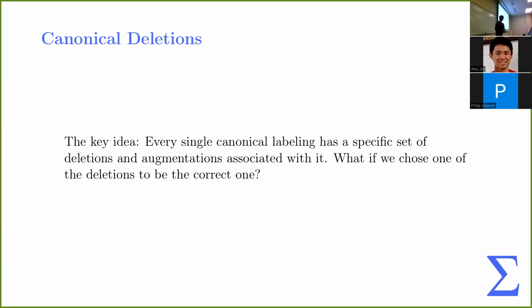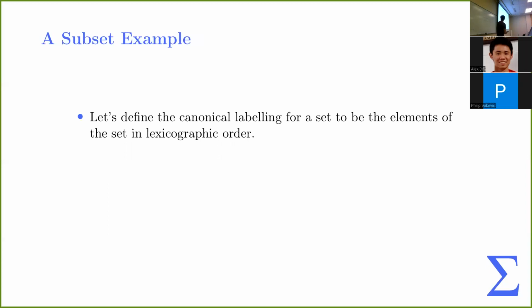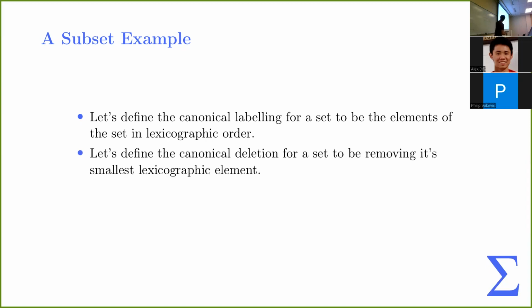So let's define a canonical labeling for sets, which we'll call the sets being in lexicographic order. Like I was saying, 1, 2 is the label for 1, 2 and 2, 1. 1, 2, 3 is the label for 1, 2, 3, 2, 3, 1, 3, 1, 2, all those. And then we'll define the canonical deletion as just removing the smallest element in the set, right?